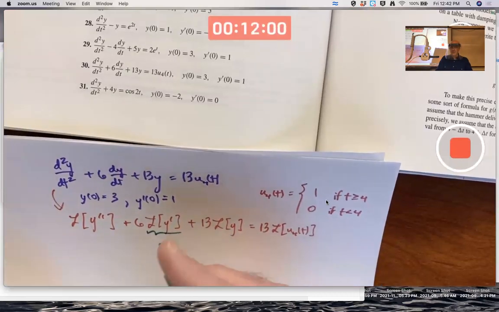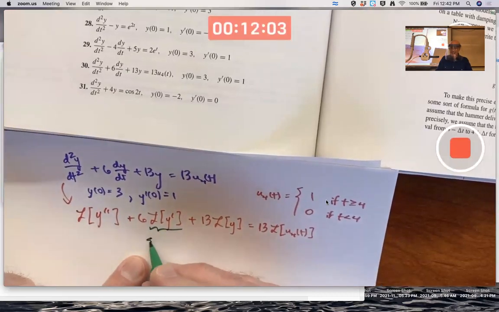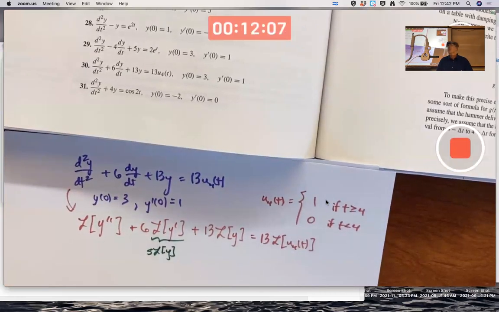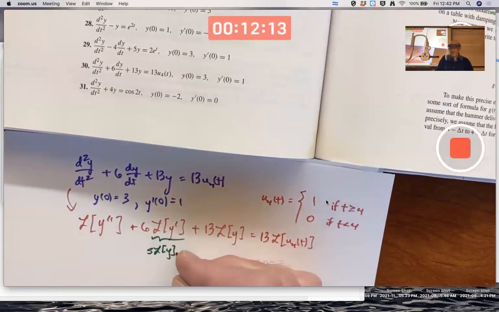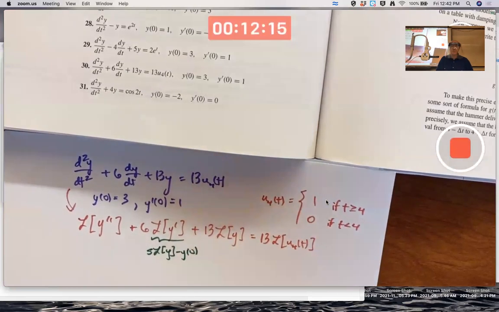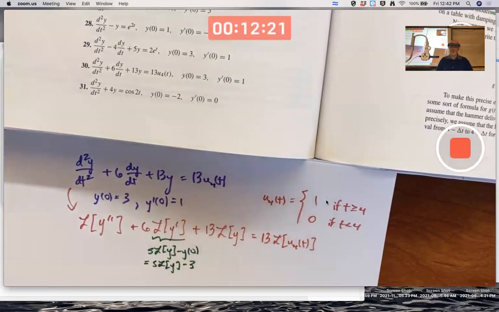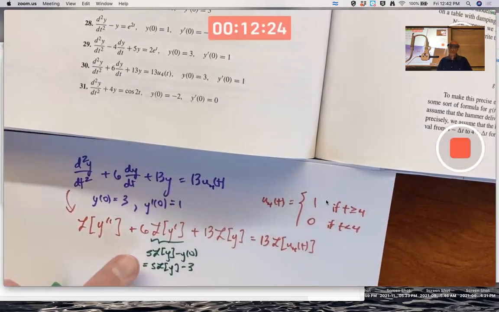So one property is that this is s times the Laplace transform of y, s being the variable for a Laplace transform of a function of t. It's just traditional to use s. Minus y of 0, but y of 0 is 3. So for this problem, this becomes s L of y minus 3. And we're also going to multiply it by 6 because it's 6 here in the end.